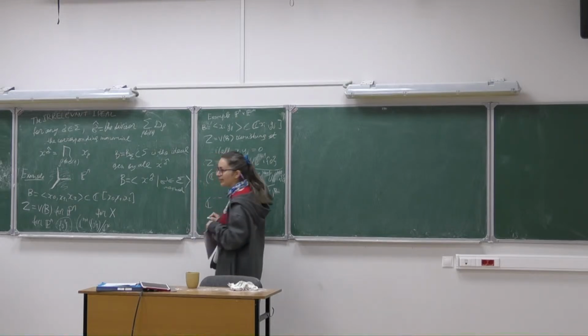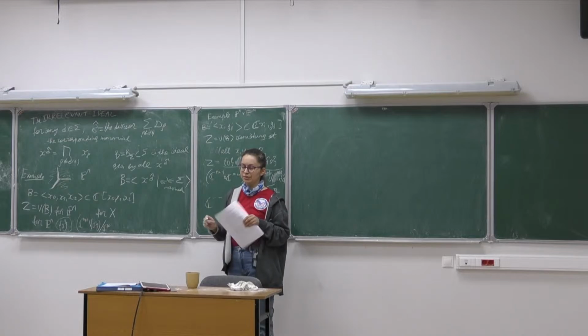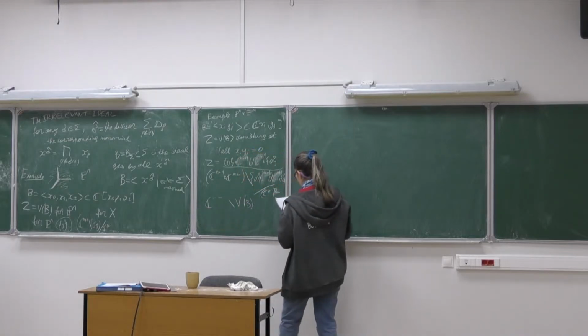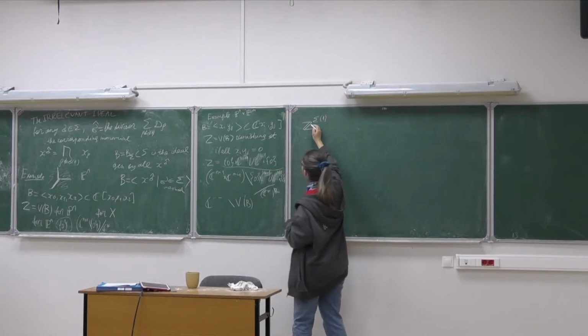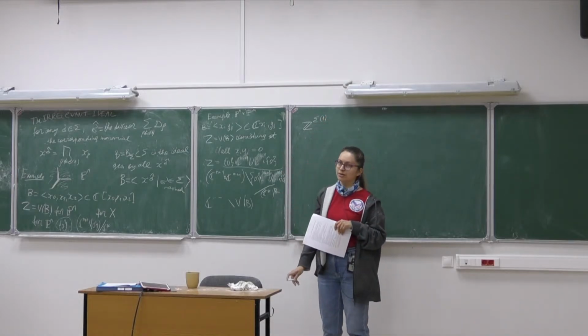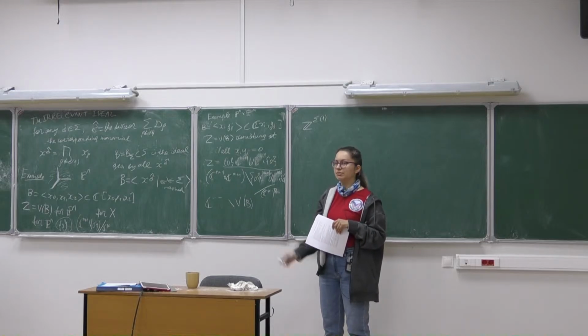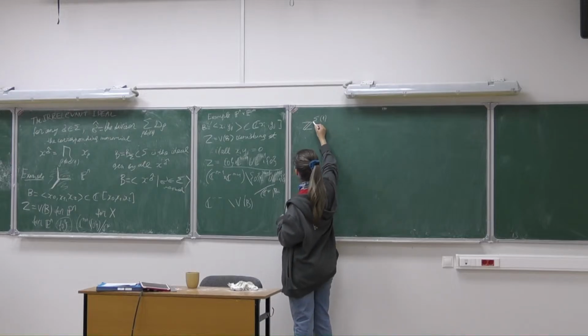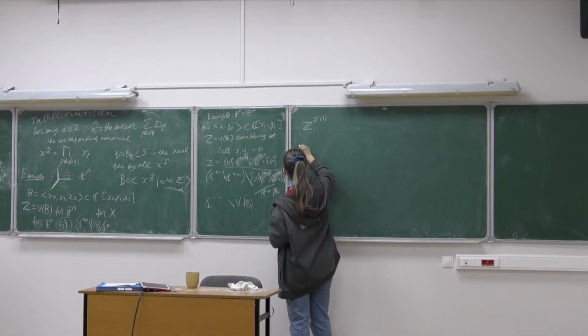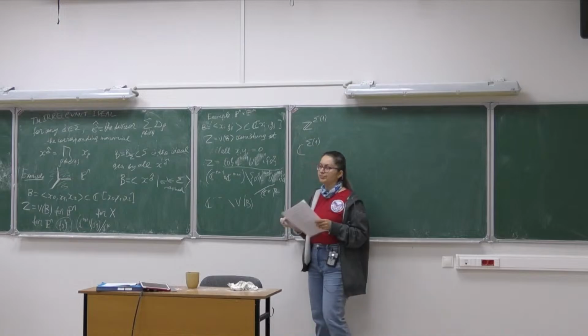Okay? So I write Z power sigma of 1, where sigma of 1 is the rays of our fan, and C power sigma of 1 is just our new construction.